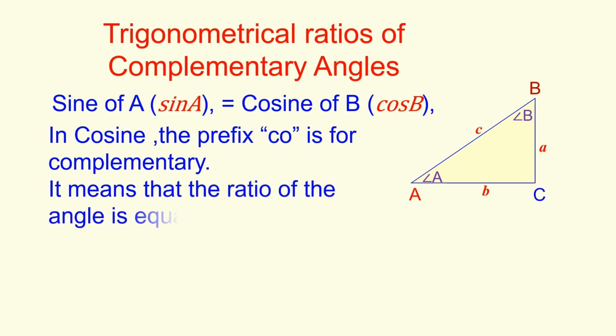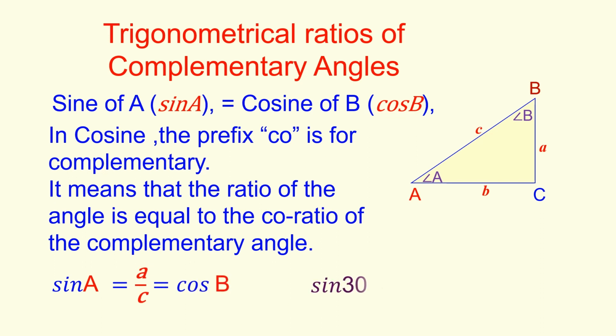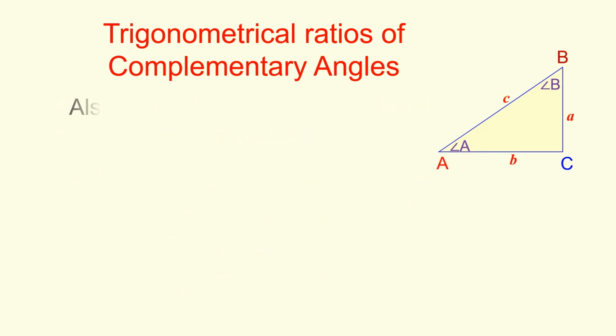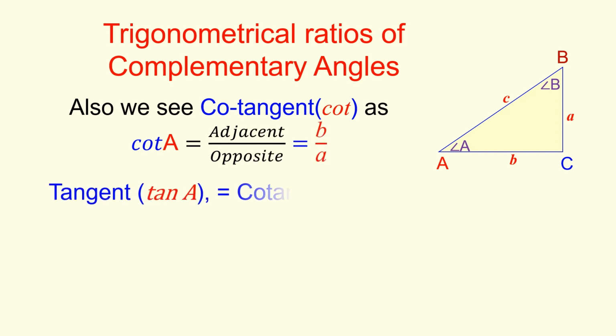It means that the ratio of the angle is equal to the co-ratio of the complementary angle. Sine A equals a by c, which is the co-ratio for B, or cos B. Same is true for tangent and cotangent.